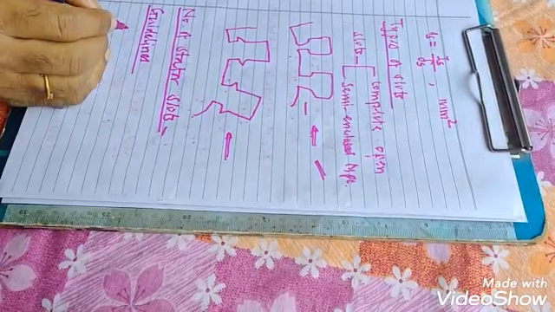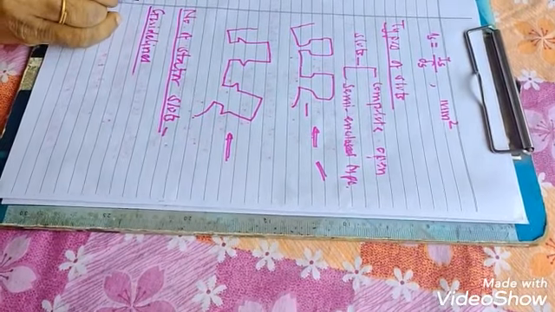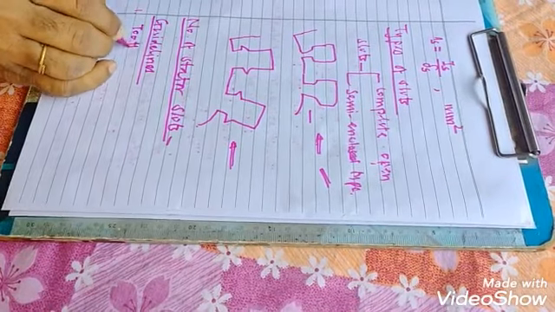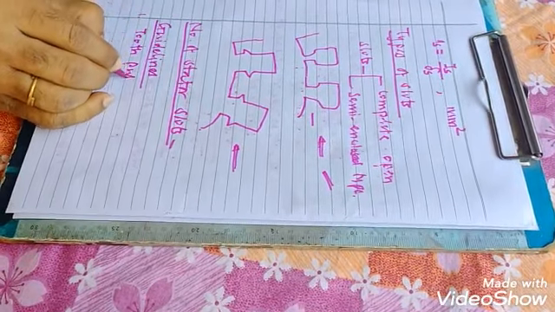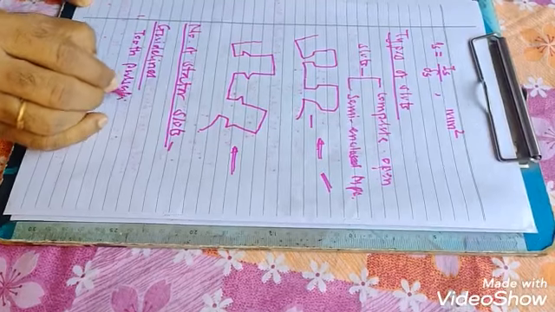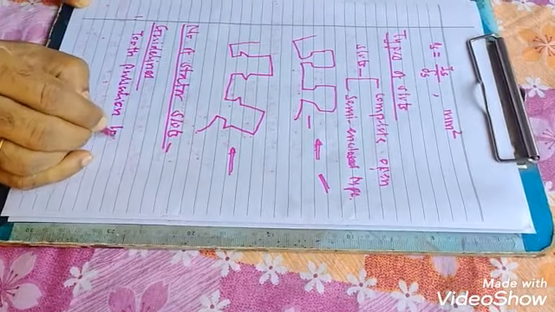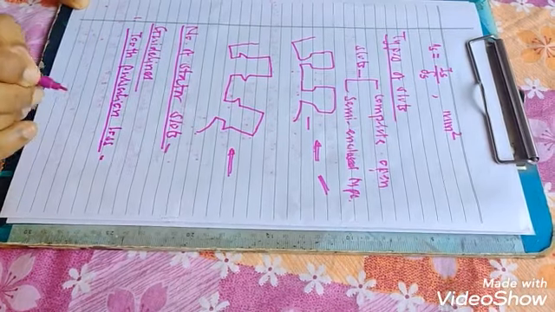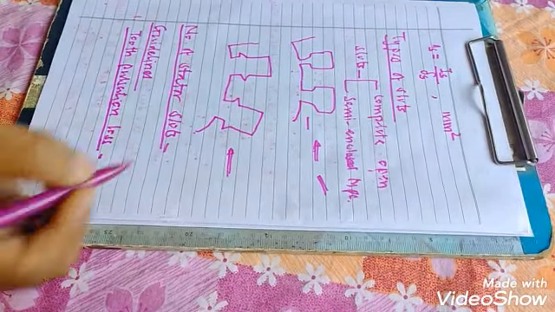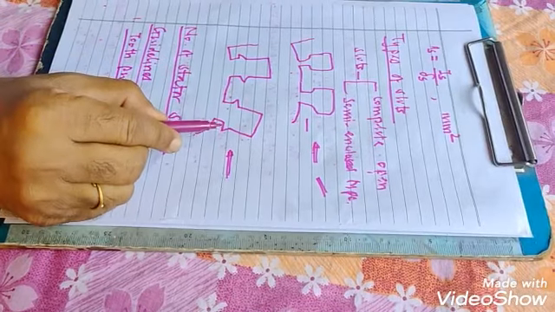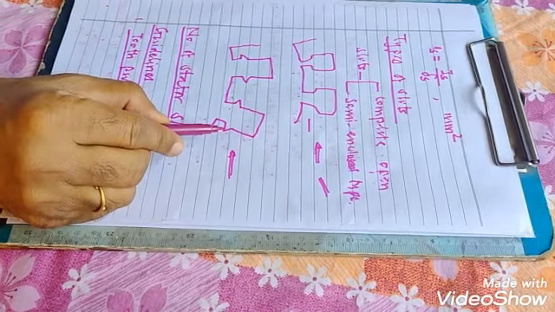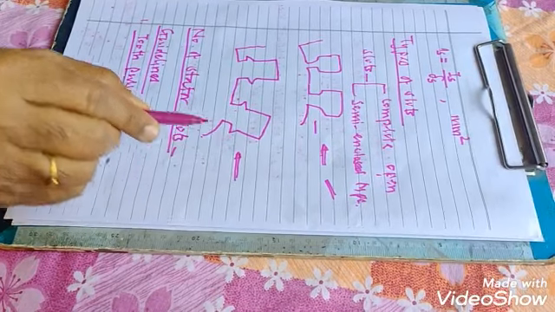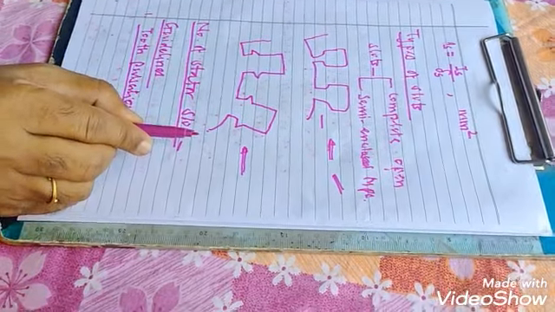Guidelines to select the slot. First guideline, tooth pulsation loss. With open type slots, the slot opening has considerable influence on the air gap reluctance.